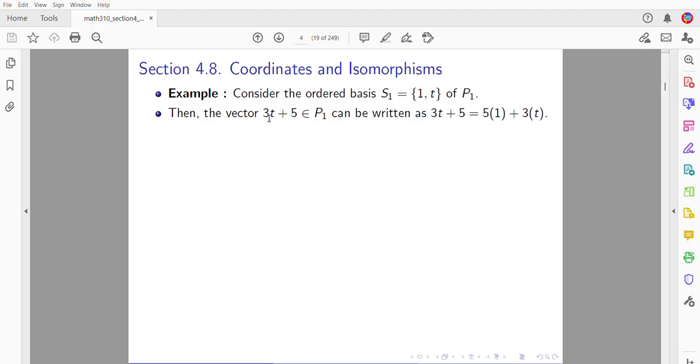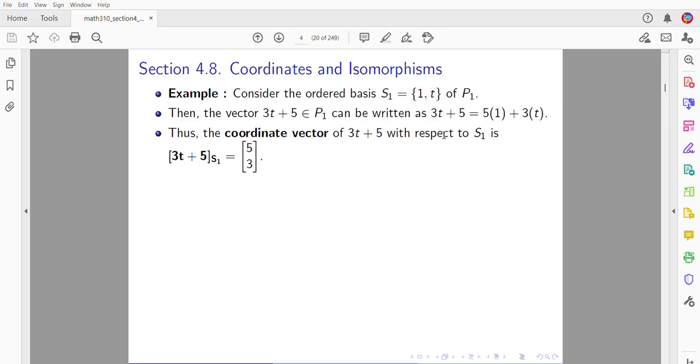Consider the polynomial 3t plus 5. Order matters. 1 is first, so 5 times 1. t is next, 3 times t. So 3t plus 5 is nothing but 5 times 1 plus 3 times t. In other words, in terms of this particular ordered basis, the coordinate vector of 3t plus 5 with respect to this S1 is 5 first, 3 next.